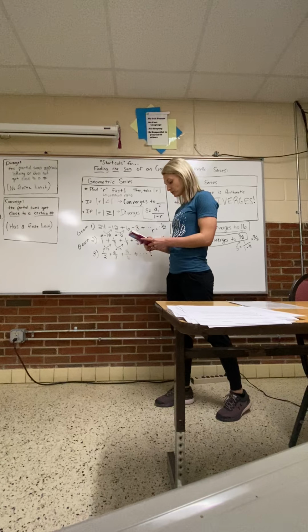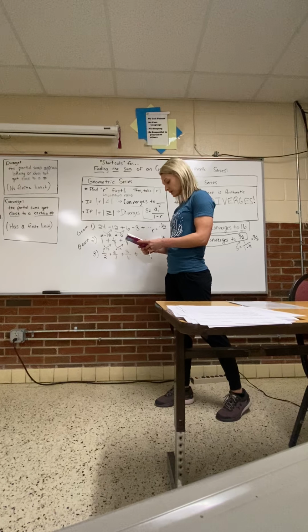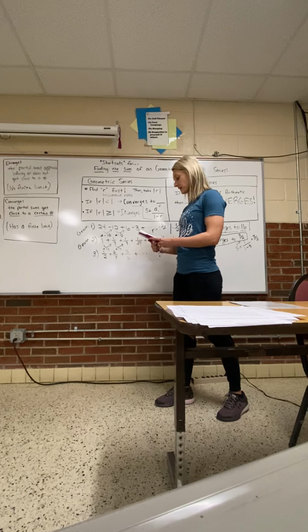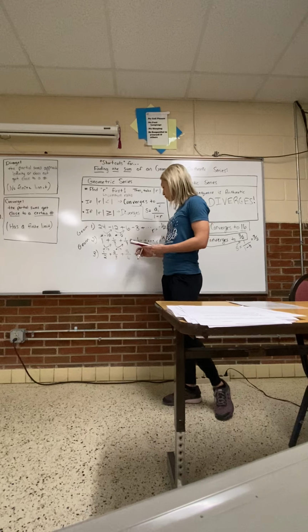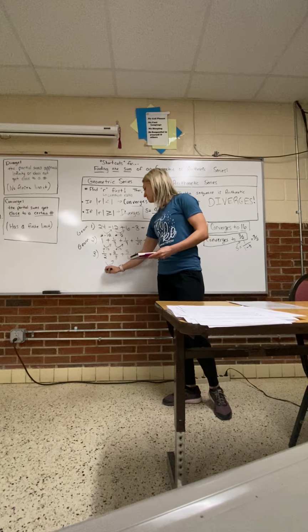So if I take 2/3 divided by 1/2, and again, you can always do this by hand, I end up getting 4/3. So if it's geometric, that means that I'm multiplying by 4/3.